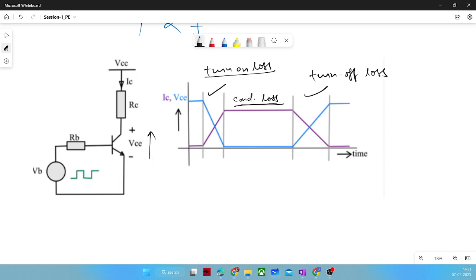When the switch is off, some current is flowing from this side to that, so this switch voltage and this current will contribute to this loss. This conduction loss I just explained. Turn on switching and turn off switching loss I explained earlier. So I hope you won't find any trouble.